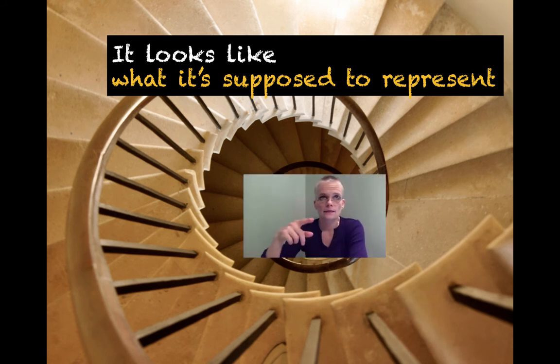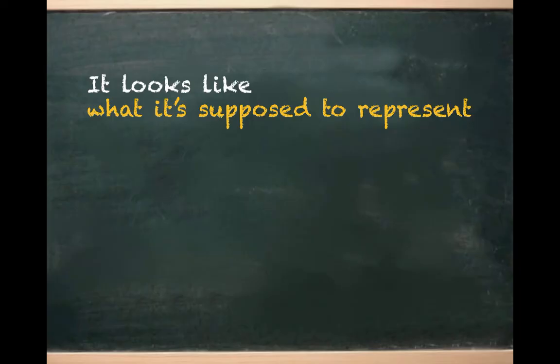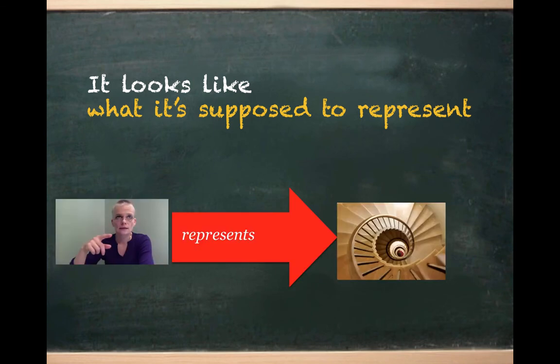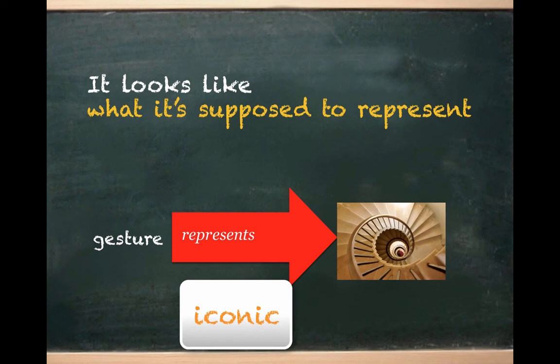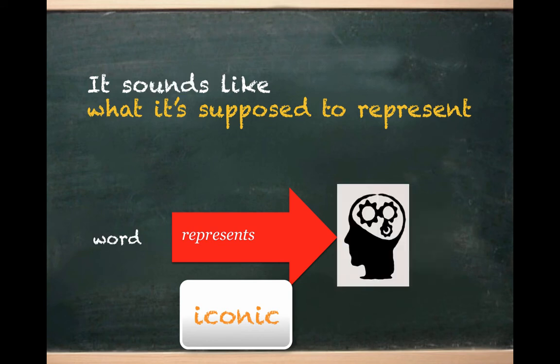It virtually draws a picture of a spiral staircase. This is an iconic gesture. Here, the relation between the form, the gesture, and what it represents is iconic. Definitely not arbitrary.